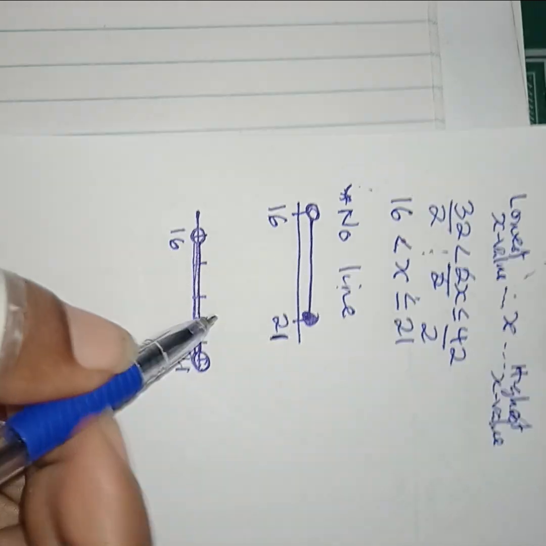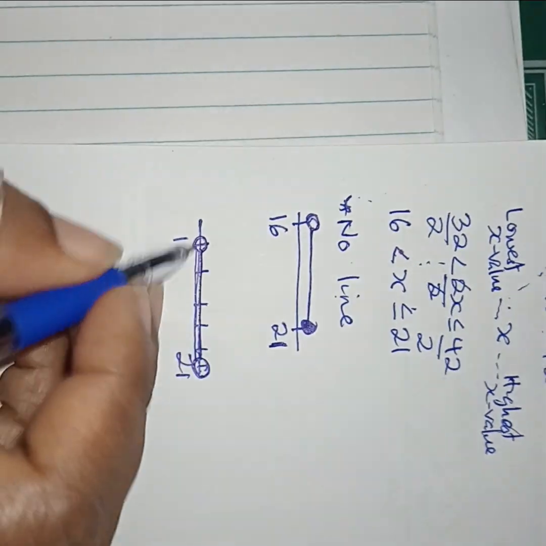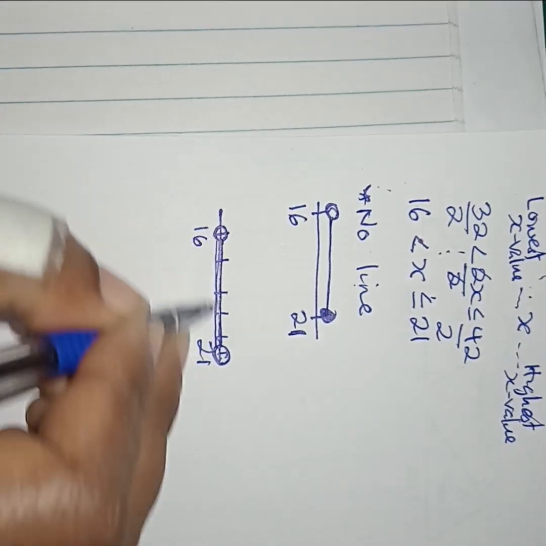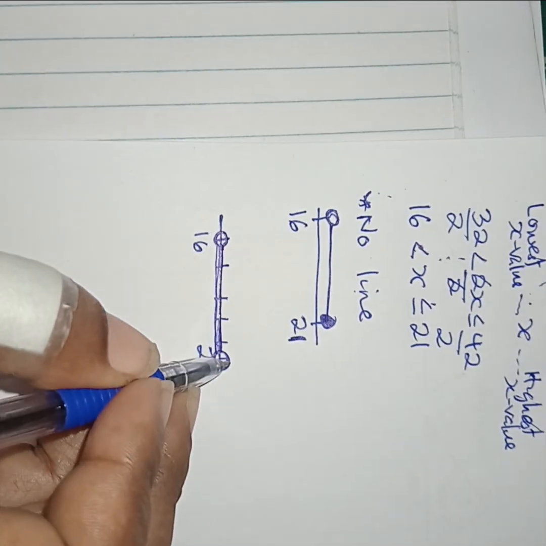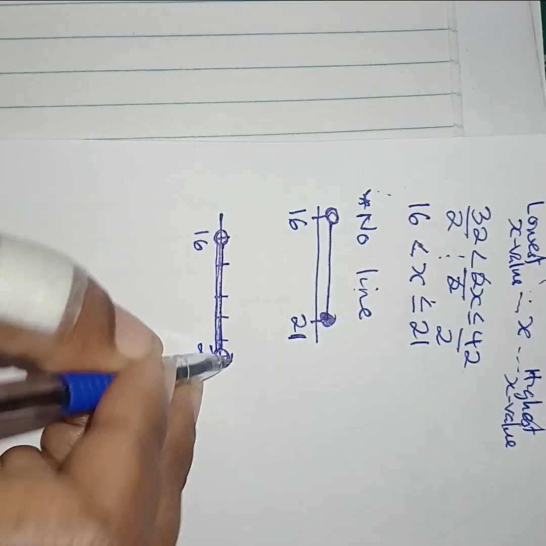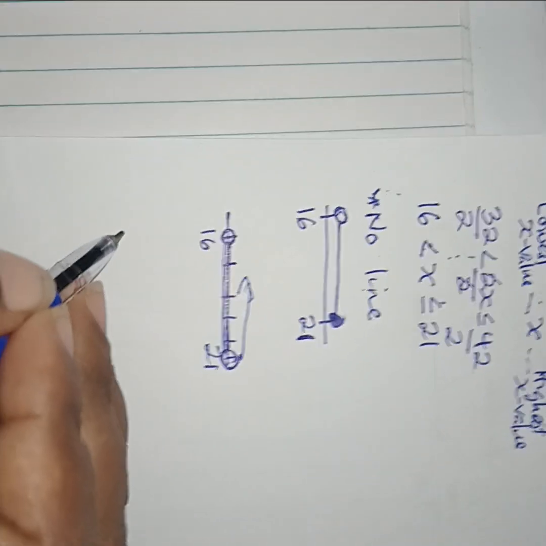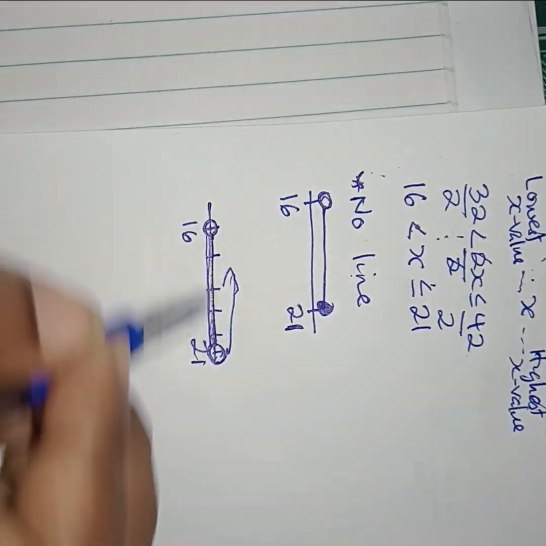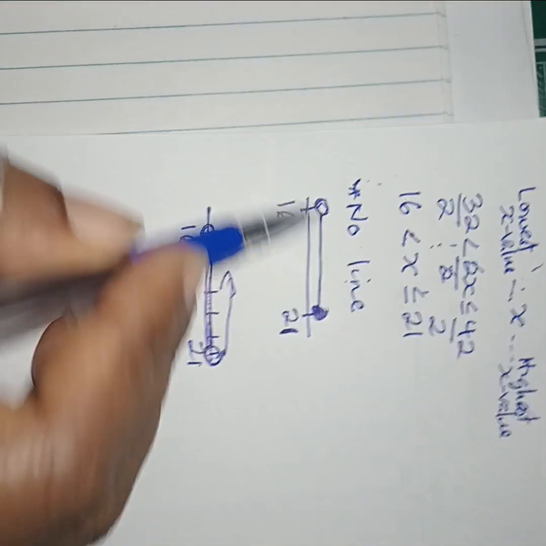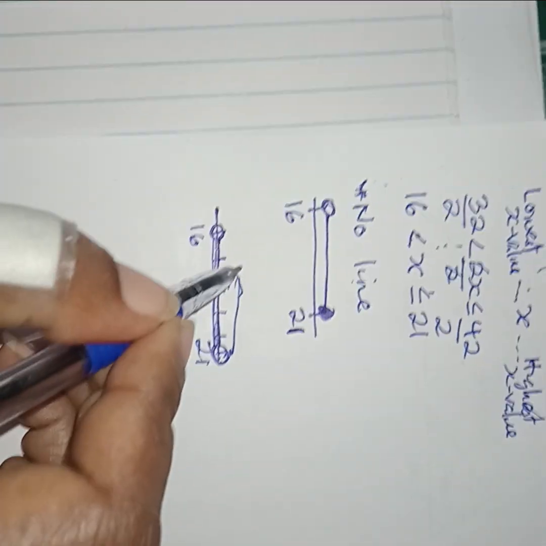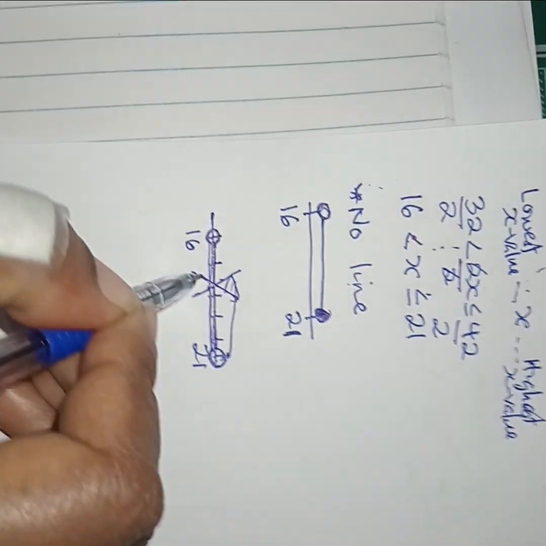Some students followed this and they drew the circles and yet they forgot to draw the lines connecting them, even the arrows pointing to maybe negative infinity or positive infinity. So I suggest you put your circles above the number line and draw your lines and arrows there. It carries the same meaning.